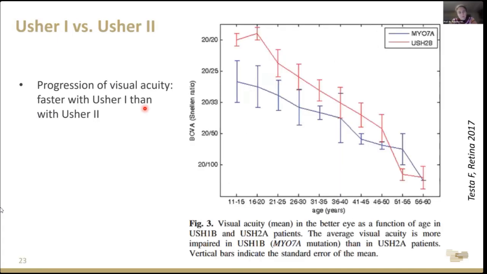If you consider visual acuity only among the most common subtypes, 1 versus 2, then you see that in the beginning, again, Usher syndrome type 2 is the better one or the less severe one, whereas later in the progressing age, they can be quite on the same level.